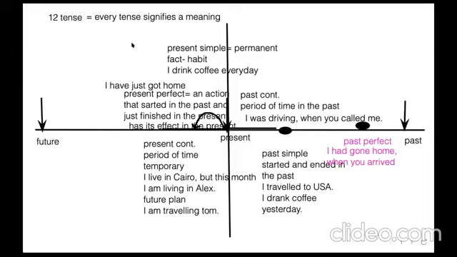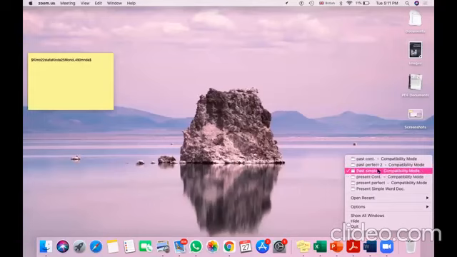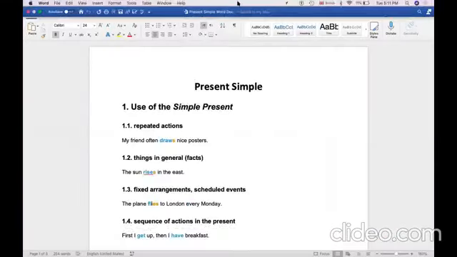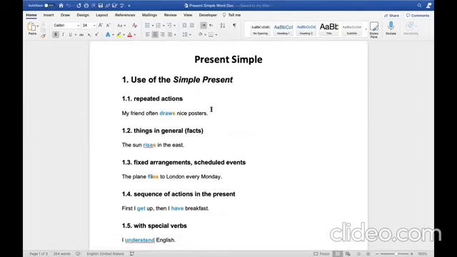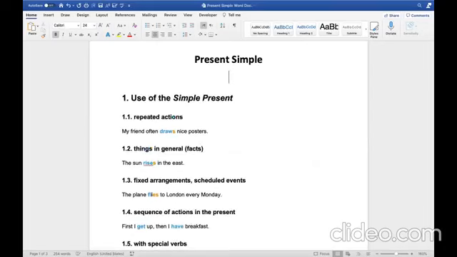All right. Now, as you know the meaning of each tense, let's now take it tense by tense. I will share with you the material for every tense. Like, for example, here in the present simple, we said the present simple is permanent, right?